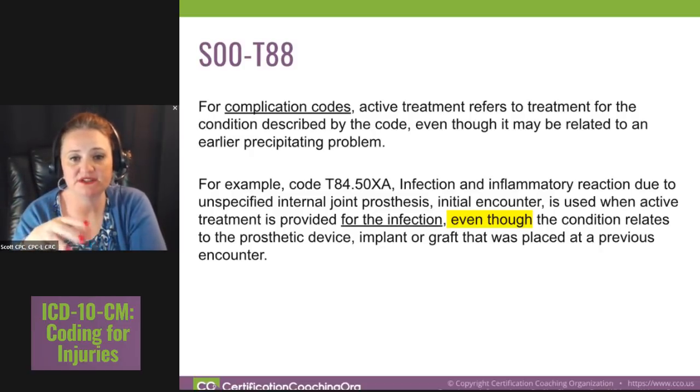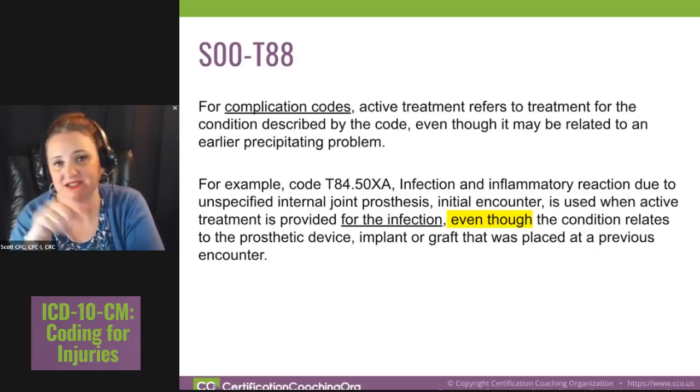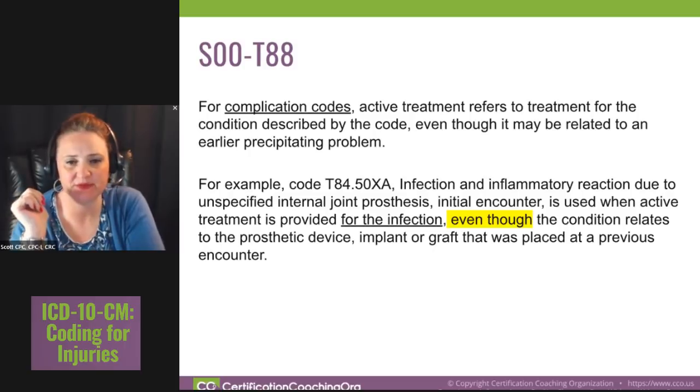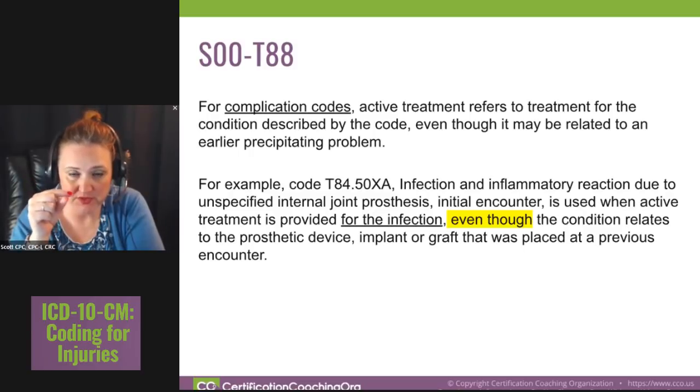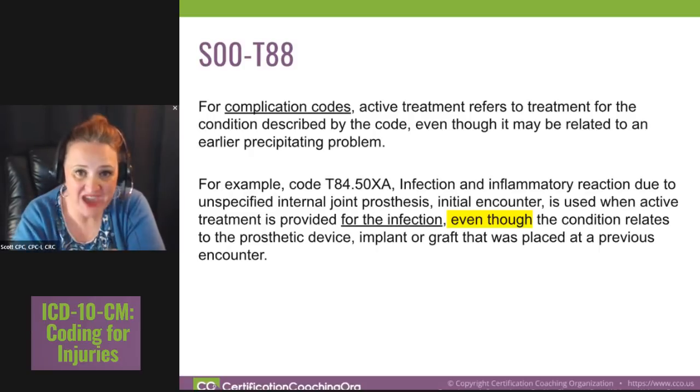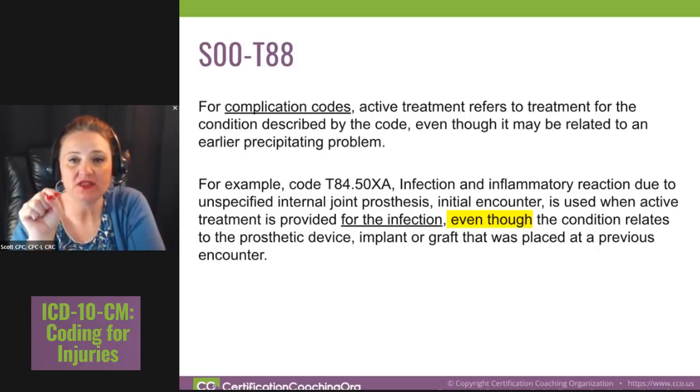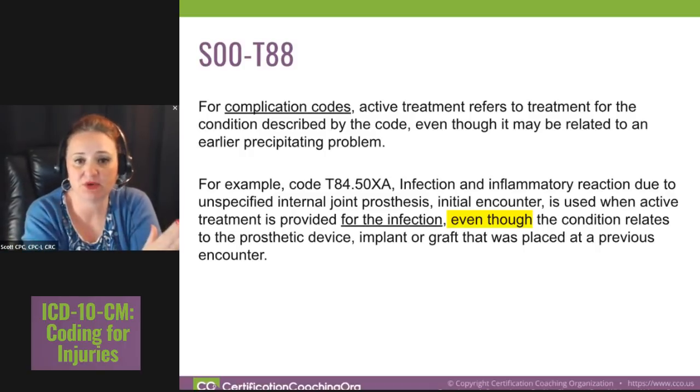They give the example of T84.50X, where X is just a placeholder because we need more information to be able to place that in an A. So if we have an infection and inflammatory reaction due to unspecified internal joint prosthesis, so they've replaced a joint, initial encounter, that means that we've got active treatment for the infection, even though, and that's very pertinent, that's why I highlighted that, the condition relates to the prosthetic device, and it could be an implant or a graft, that was placed on a previous encounter.